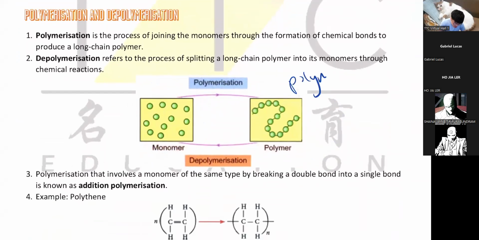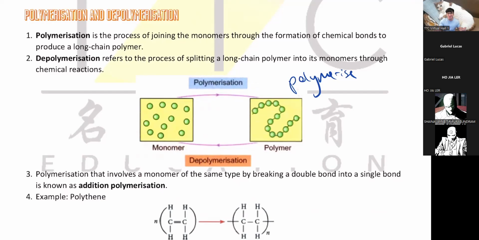This process is called polymerization. Easy? That easy. To change them back, we call it depolymerization. It's like when you activate something and then you do the reverse, it's called deactivate. So D, and you depolymerize them.